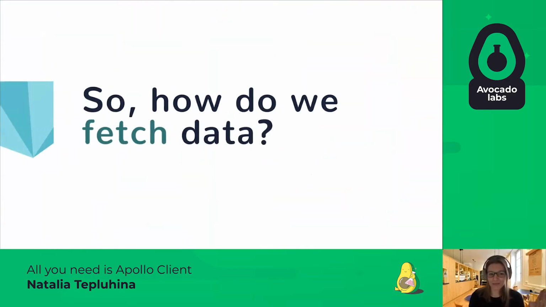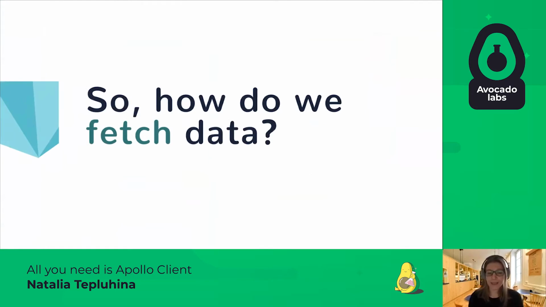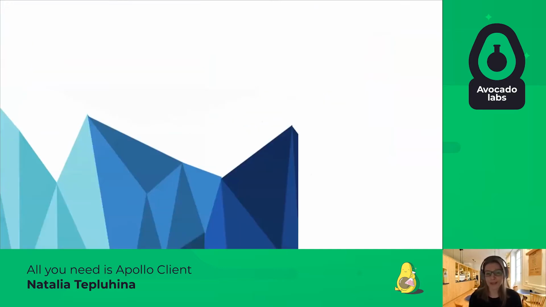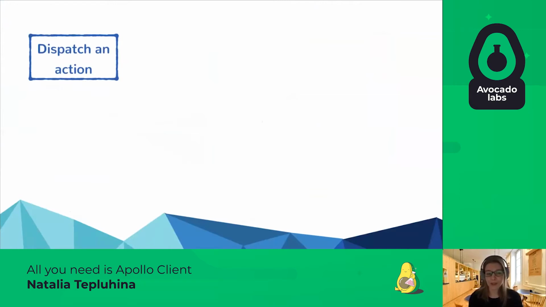Let's start with a very basic thing, the Axios part of Apollo client. First of all, we want to fetch data. How would we do this in a Vue application if we had Vuex and Axios? First, we dispatch an action and trigger an API call.